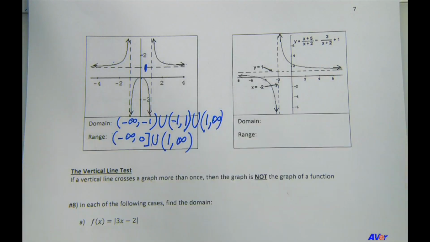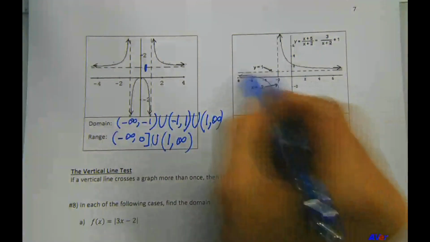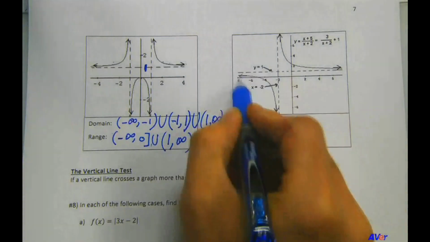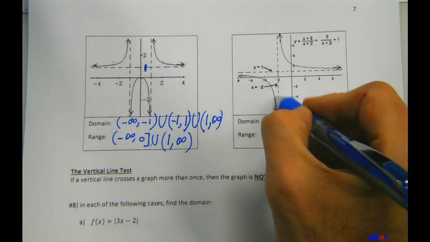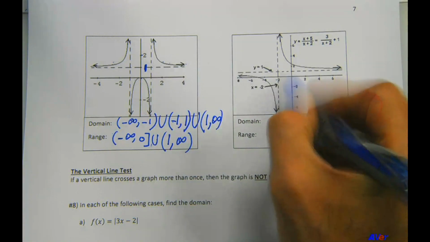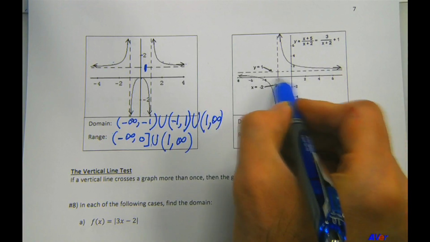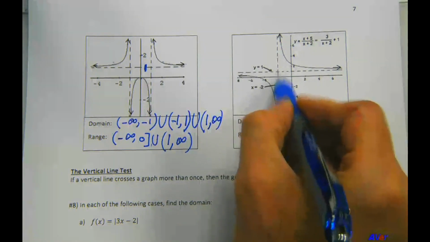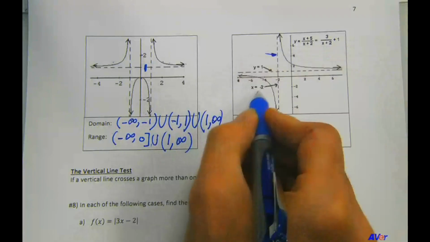So force your eyes to look at that behavior with respect to the x-axis, not the y-axis, for domain. This piece, with respect to the x-axis, is approaching from negative infinity, and it's curving towards some x value. What is that x value? If you look carefully on the graph, that is x equals negative 2. That dashed line, as a matter of fact, is right here.